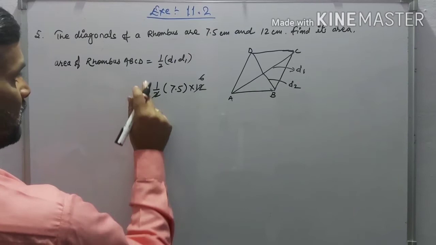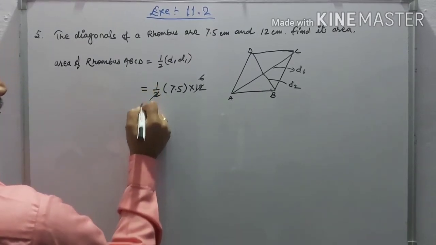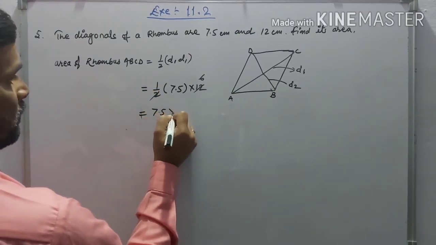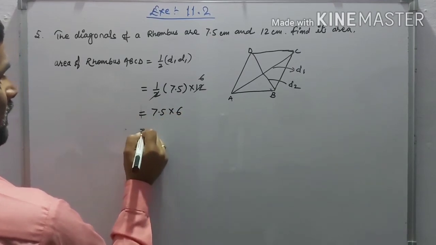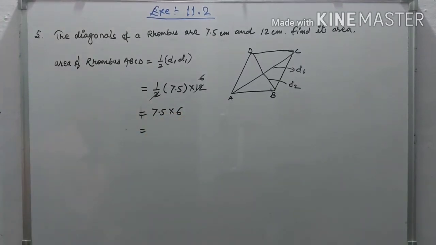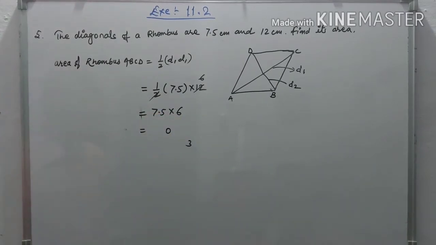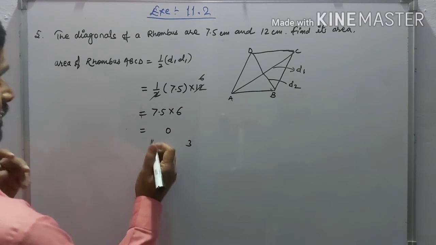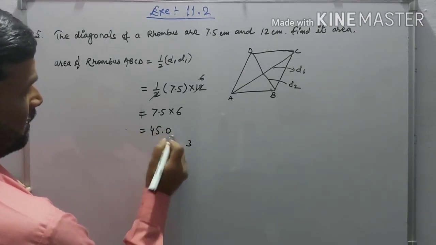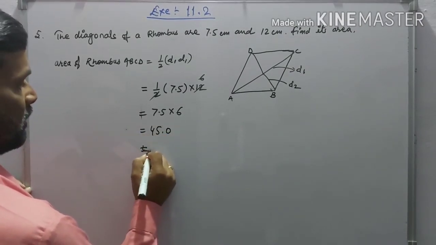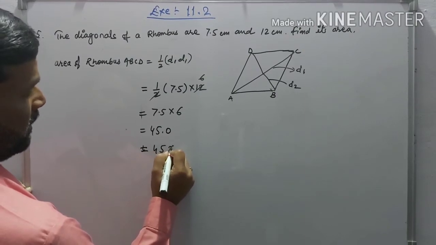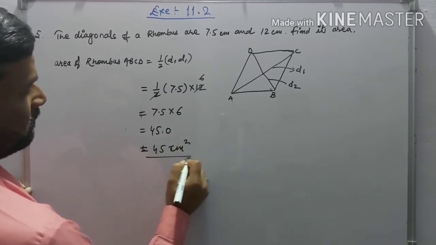Now multiply 7.5 into 6. 6 5s are 30 and 3 carry, 6 7s are 42 and 3 is 45. That means 45 centimeter square.